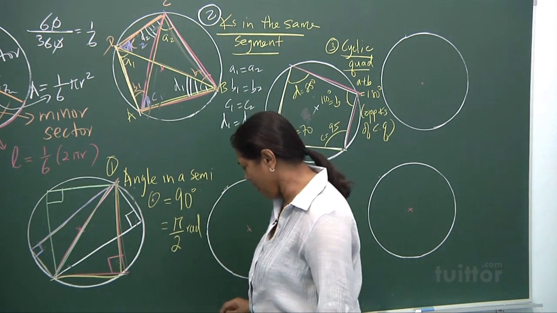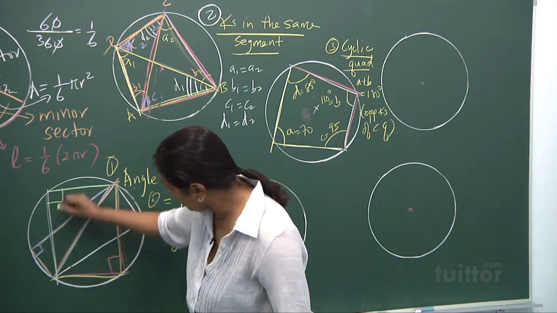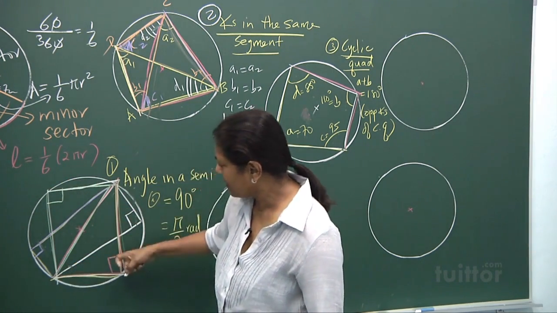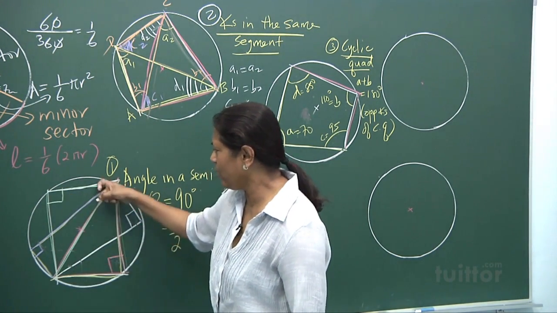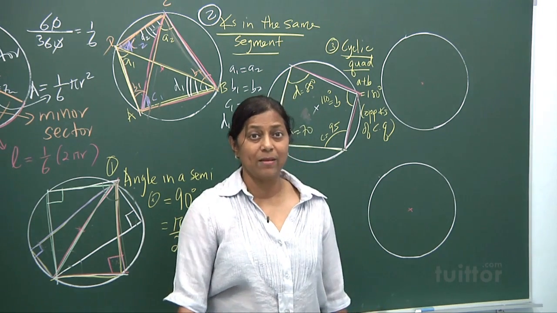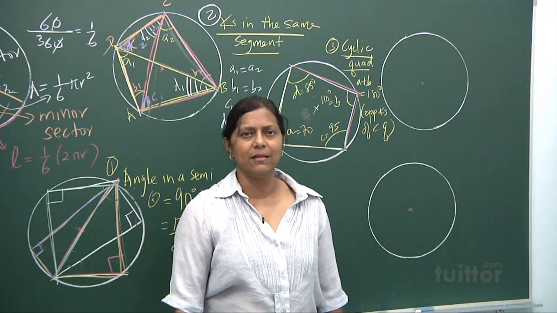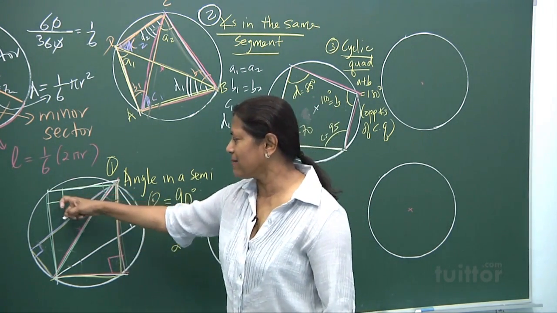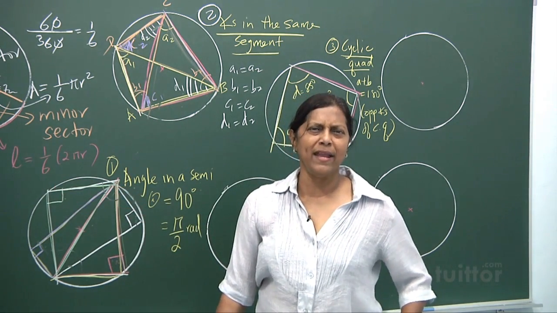And if I were to draw another cyclic quad here, look at it here, 90, 90, 180. And these two will also be 180 when you add them up. So these are properties that you got to know. Angle at center equals twice. The opposite angles of the cyclic quad equal 180.